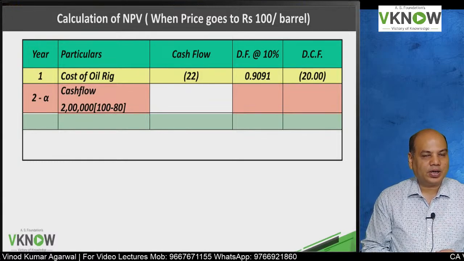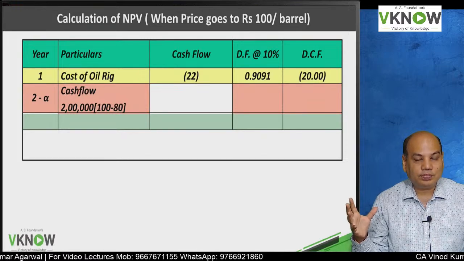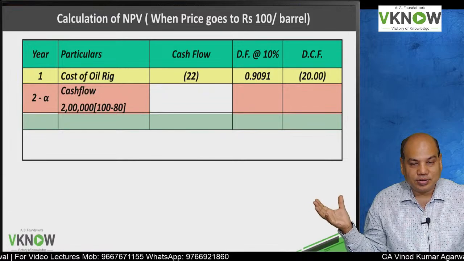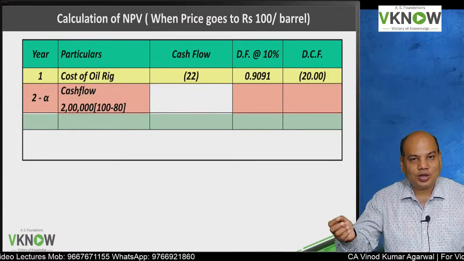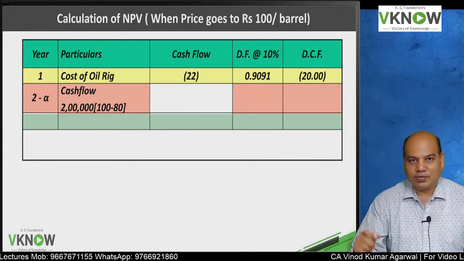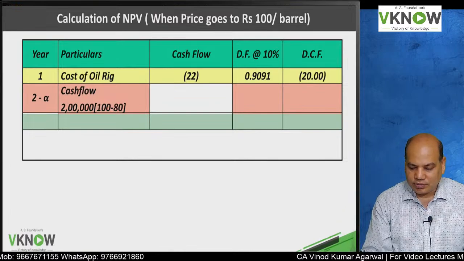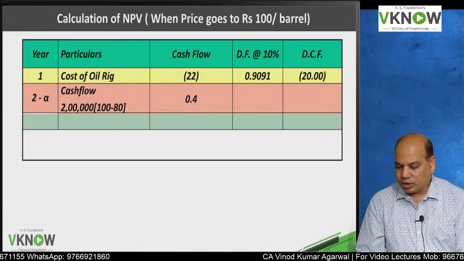If the OPEC countries don't agree on production cut, everybody will start increasing the production, supply will increase, price will fall to 100. That is the advantage of waiting for a year. You will get to know where you stand. So this is 0.4 crore. Quickly reply now.